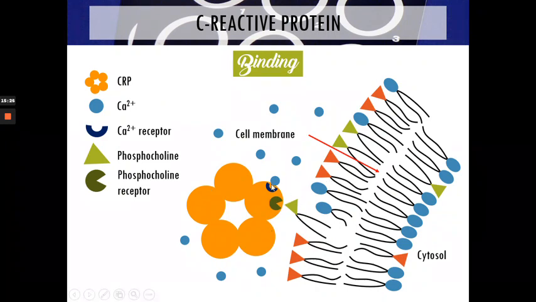It uses its calcium receptor and calcium in the environment to assist in the binding. Once the CRP is bound, it then facilitates its other functions: opsonization for phagocytosis, precipitation, agglutination, or even complement system activation. Okay, all right.